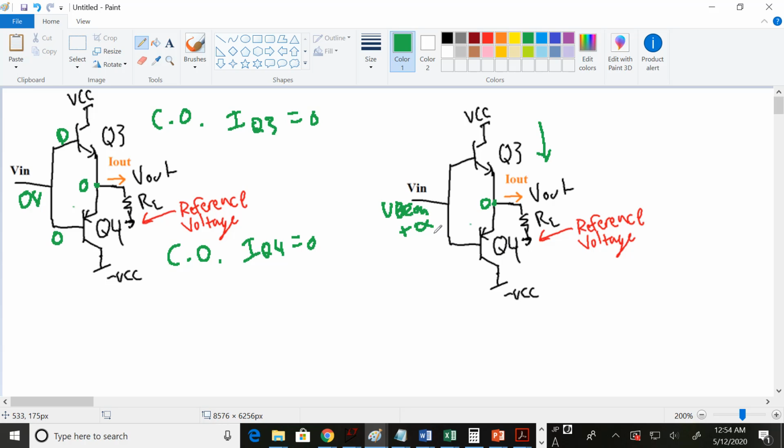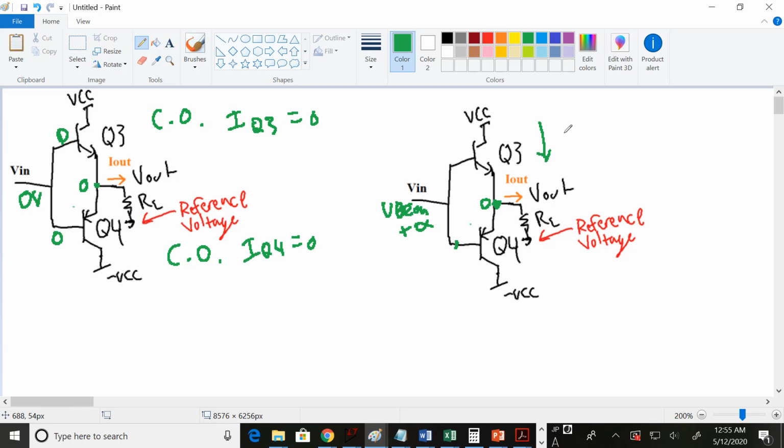The next question is, if Vin is VBE on plus alpha, is Q4 on? You can see that it's not. This is 0, and this is a positive voltage. What you want is for this node to be greater than this node, so that's in cutoff.